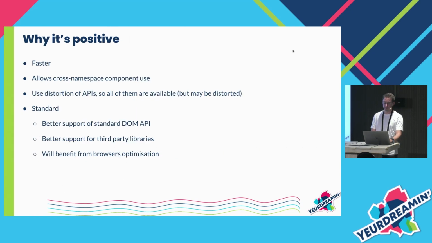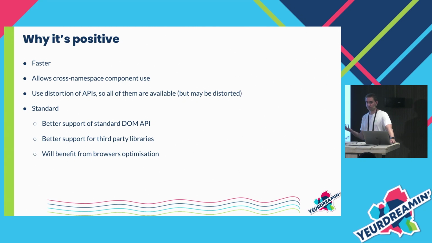So why is it good? First, it's much faster, because this was created for this very use case, not something twisted to be used in a way it was not supposed to be at the beginning. From a Salesforce point of view, something that wasn't possible with Locker is that you can use components from several namespaces. The main use case is, say, I'm an AppExchange ISV.